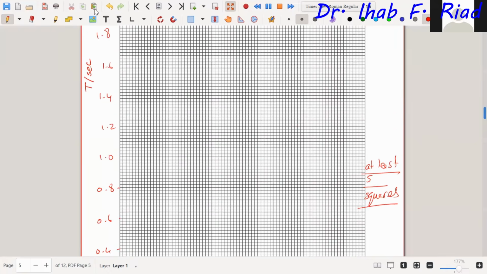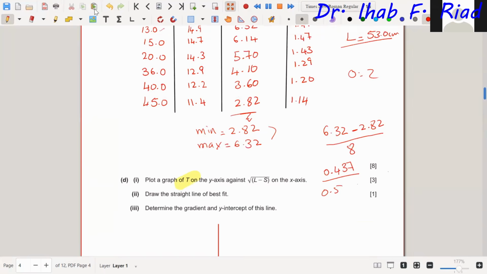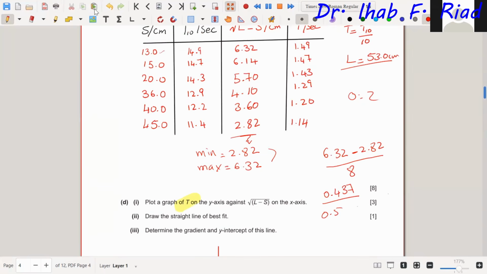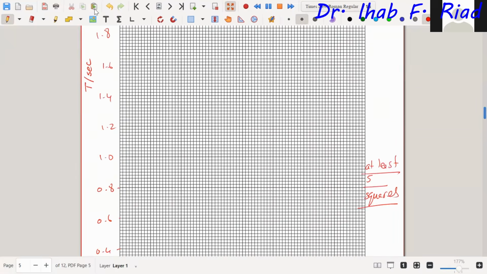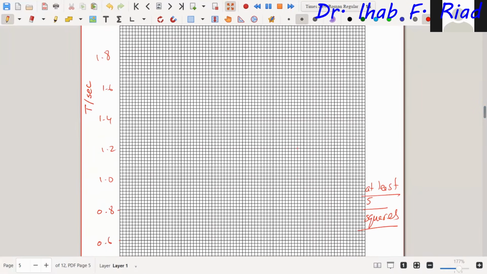Okay. So if we do it like this, and we have our scale starting from 1.14 and ending up in 1.49. So from where it is going to be? Something from here to around here, right? Yes.